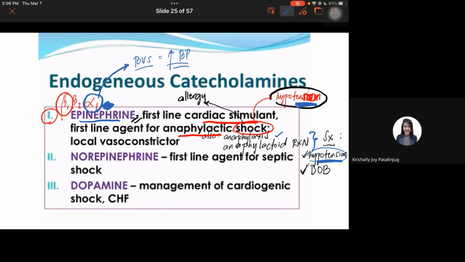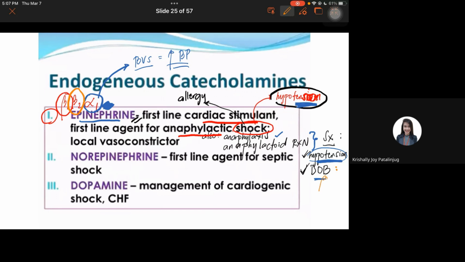Paano naman yung difficulty of breathing? Pwede din si epinephrine to manage that condition because ano pa yung affinity ni epinephrine? Meron din siyang affinity towards beta-2. Diba? Kung may affinity siya to activate beta-2, then it could counteract bronchospasm. No?